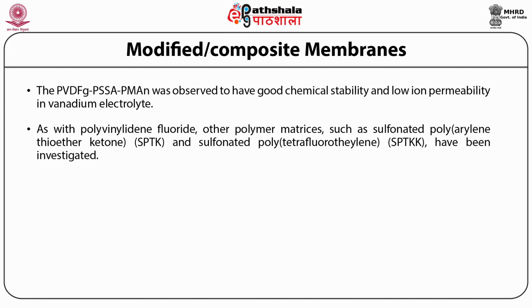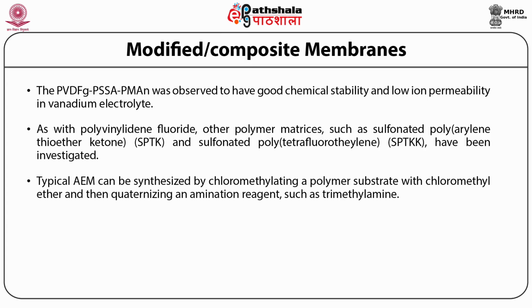Due to the electrostatic repulsion between the cation group of the membrane and the soluble species, AEM tends to have lower permeability than their cation counterpart membranes. Typical AEM can be synthesized by chloromethylating a polymer substrate with chloromethyl ether and then quaternizing with an amination reagent such as trimethylamine.